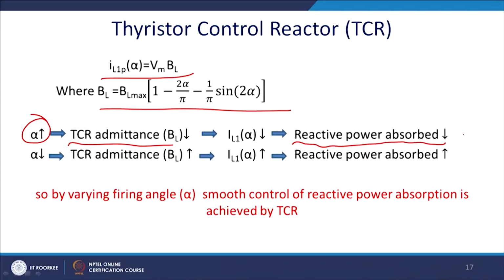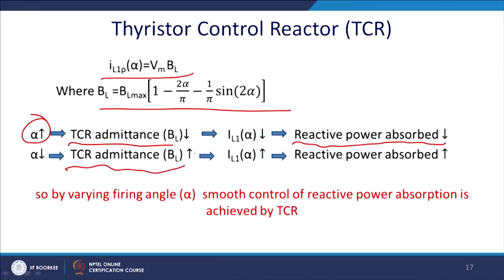If you decrease alpha, then the admittance will increase and the value of I_L1 will increase, thus the reactive power absorbing capability of the TCR will be increased.